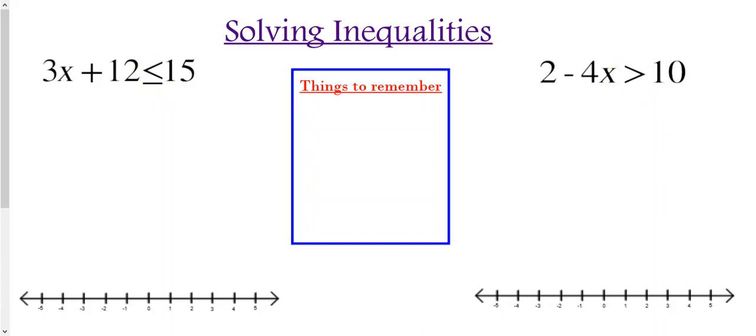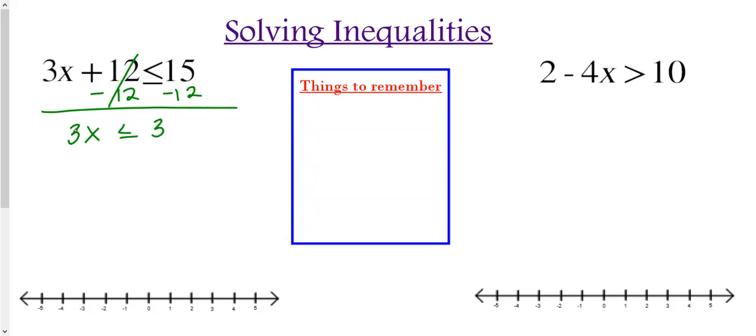We solve inequalities the same way that we solve equations. So I'm going to solve for this x. First thing I want to do is subtract 12 from each side. And that leaves me with 3x is less than or equal to 15 minus 12 is 3.